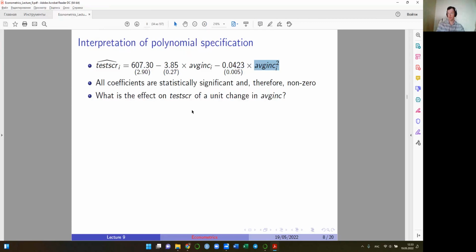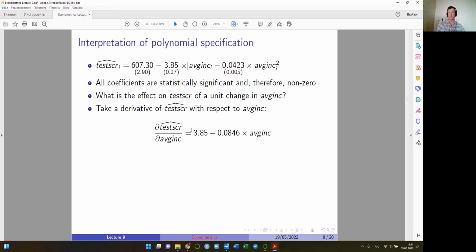This is very simple. If you know mathematics, if you remember intermediate microeconomics, it's so simple. Maximize? No. We want to know the effect. Derivative, of course. We take the derivative of the test score with respect to average income. Here, 385 minus 2 multiplied by the coefficient on the squared term times average income.